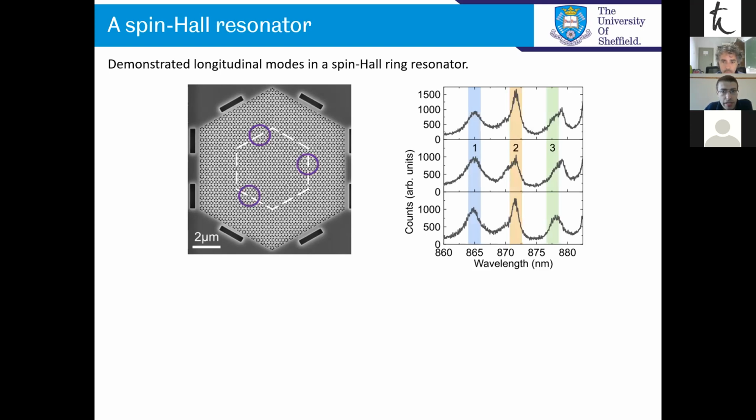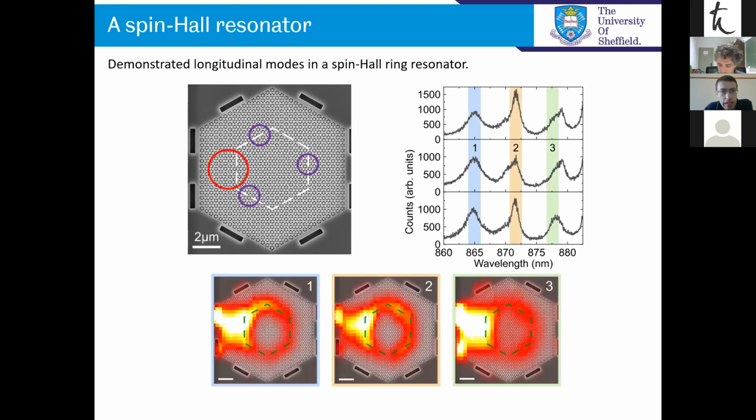The first thing we did is to use high power PL to demonstrate that this formed resonator modes lying within the topological bandgap. What you see here is 3 PL spectra taken from 3 different positions on the resonator interface, labeled 1, 2, and 3. We see the same modes exist at each point, indicating that the mode is distributed around the interface.